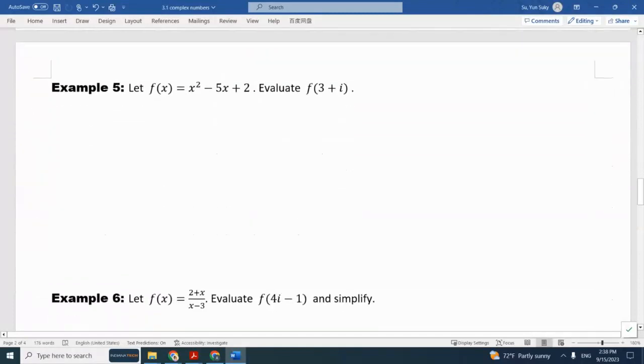Example 5. Now we have functions on complex numbers. It's not functions on real numbers only. We plug in x equals 3 plus i. That means whenever you see x, replace x by 3 plus i. Okay, everybody? So let's do that.